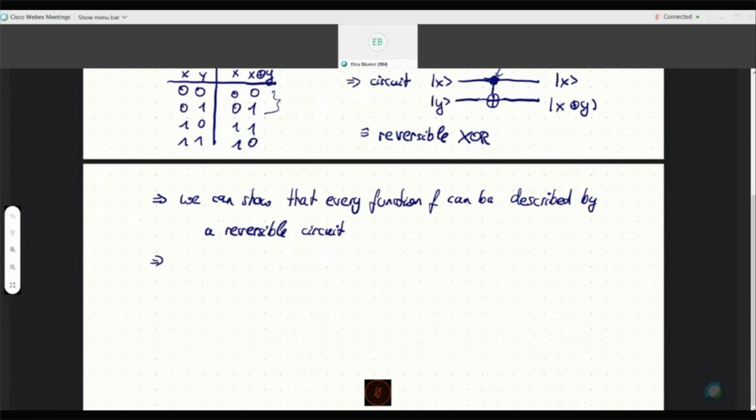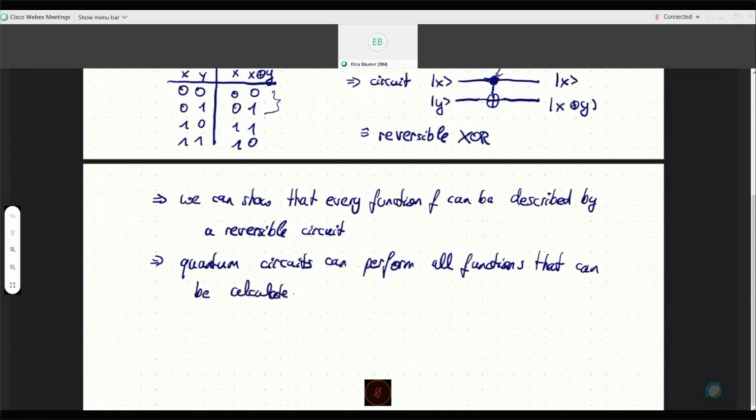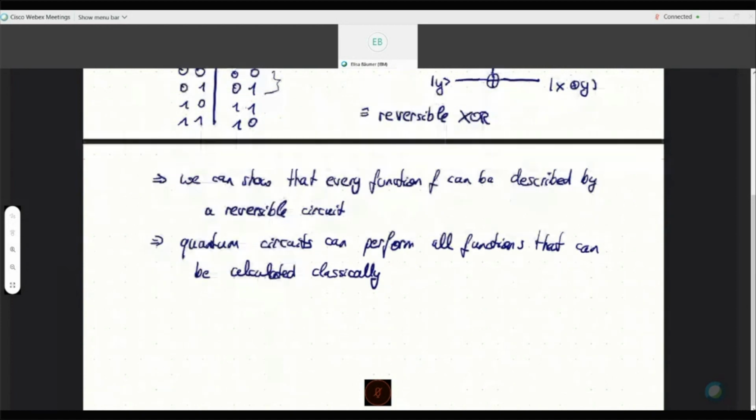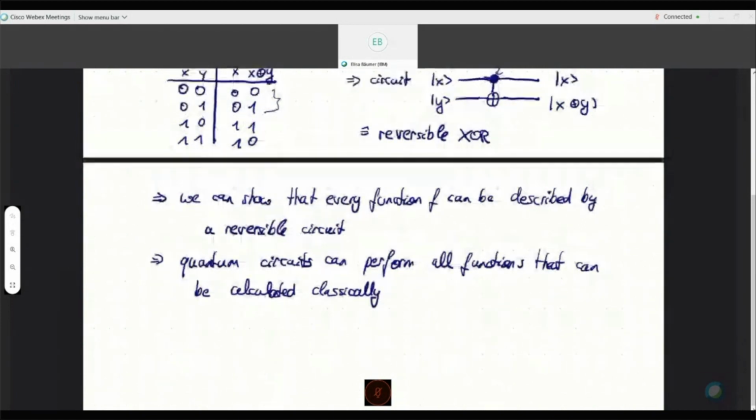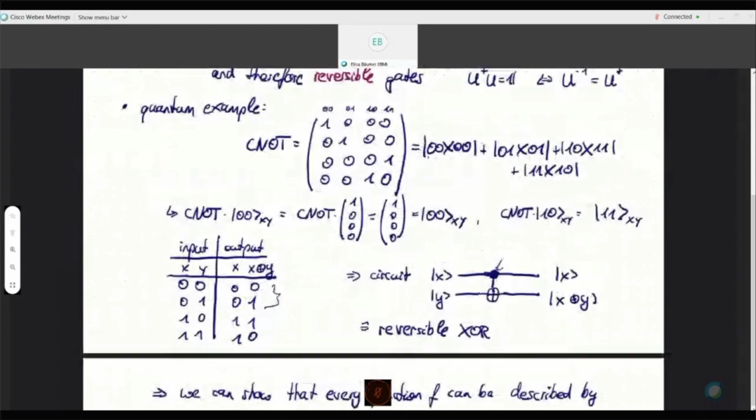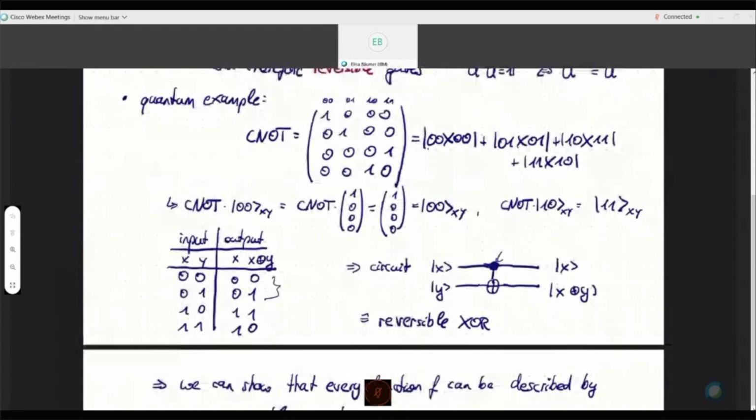Which means that quantum circuits can perform all functions that we can possibly calculate classically. So there's no disadvantage. Even though it has to be reversible, it's actually even better then. We can always create gates in a way that they are reversible, but still perform any computation.